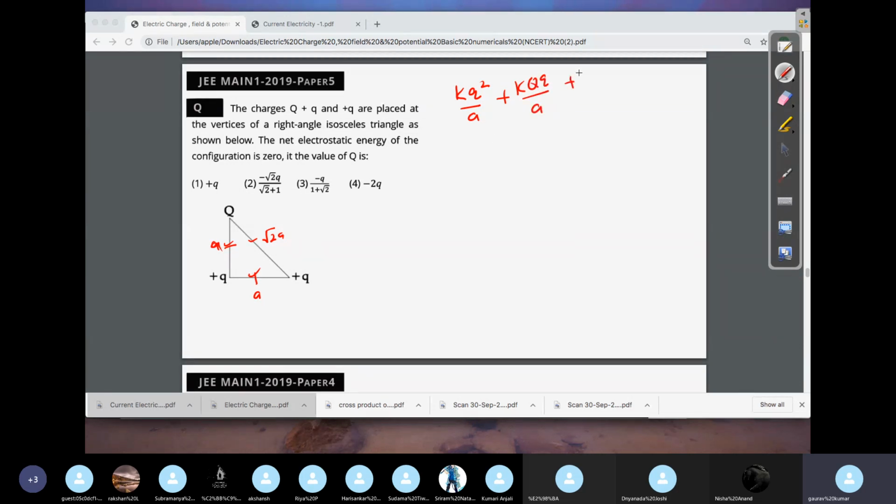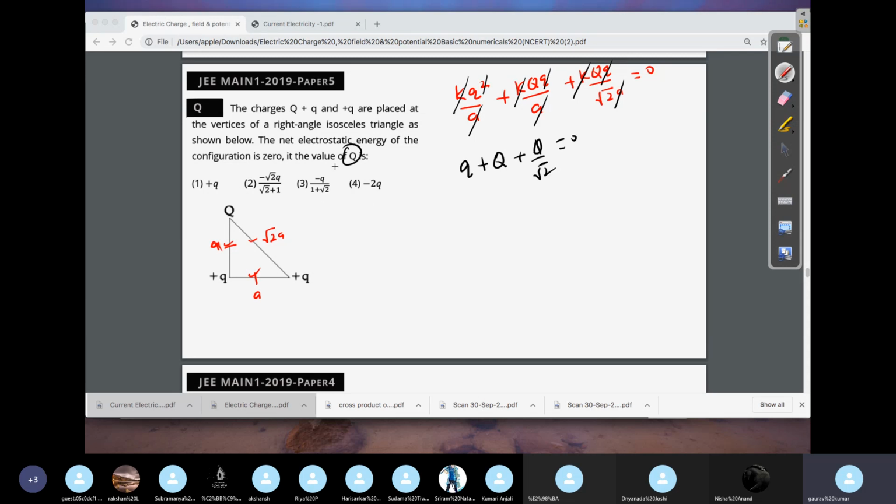And for this pair you will get k into capital Q into small q divided by root 2a, equals 0. So now you can cancel things from it. a can be cancelled, k can be cancelled, one q can be cancelled. So what are you left with now? You are left with q plus capital Q plus q by root 2 equals 0.